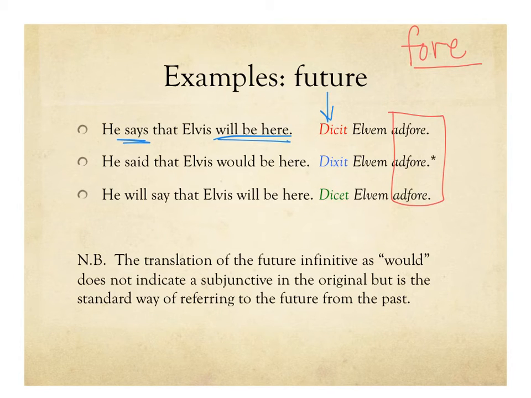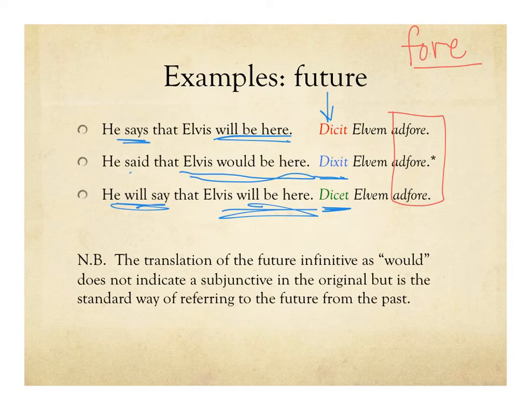Or he said yesterday that Elvis would be here the next day, whenever that was, right? So this action happened after this action. Or in the future, dicet, he will say that Elvis will be here after he says this, right?